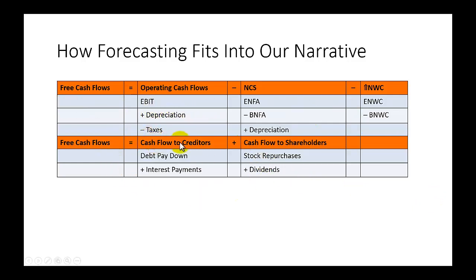We can also remind ourselves that the reason that they're called free cash flows to the firm is because these are the cash flows that are left over after we sell our goods and services, reinvest in the net fixed assets of our business, and improve the liquidity or solvency position of our business. Those are the net cash flows that are left over that are free to be distributed to our creditors and our shareholders. And so that's what we're showing in the bottom identity.